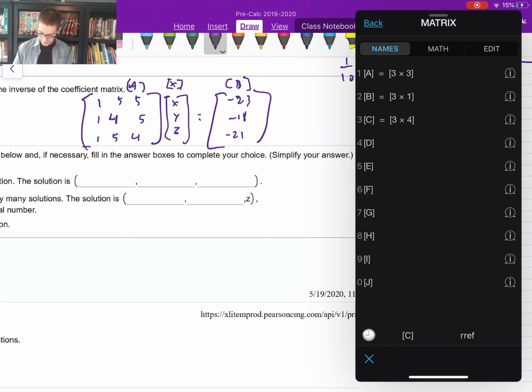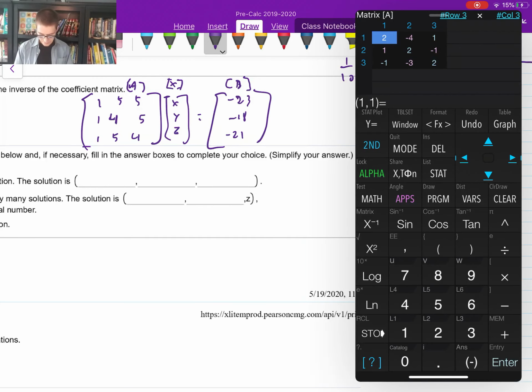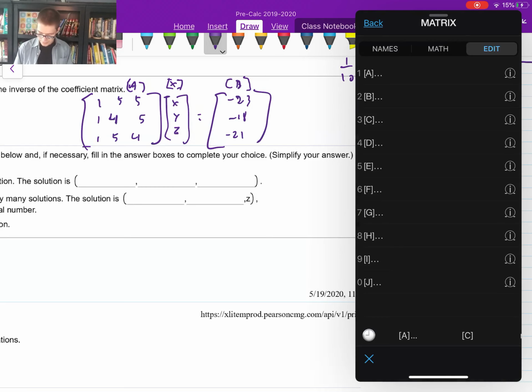We'll make a 3 by 3. We'll put in 1, 5, 5, and then 1, 4, 5, and then 1, 5, 4. Great. And for our B matrix, we'll go back to our matrix and edit the B matrix.